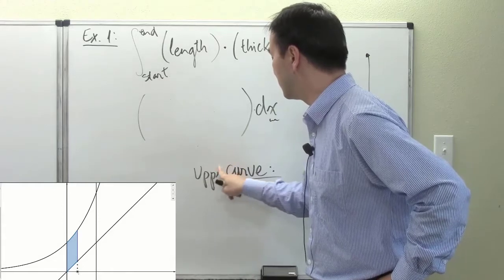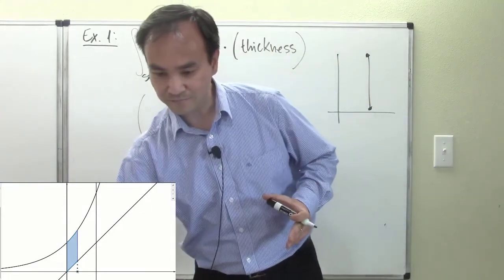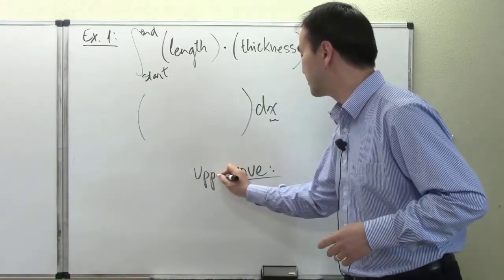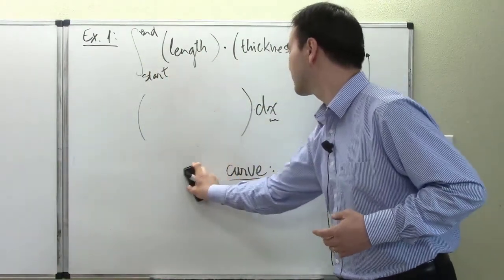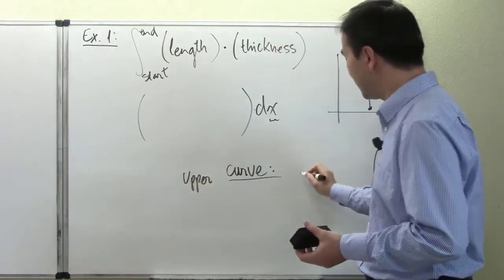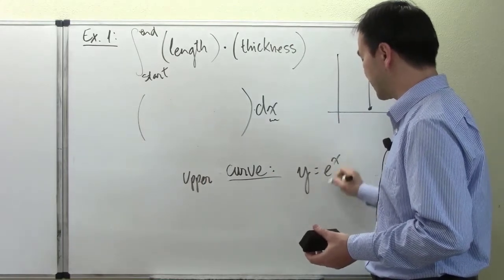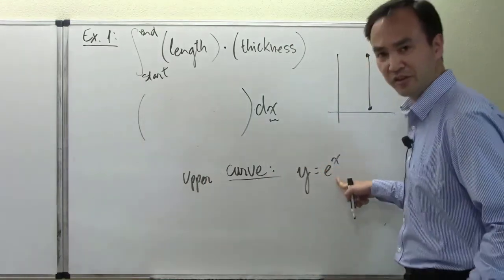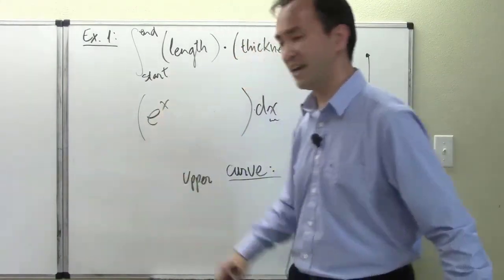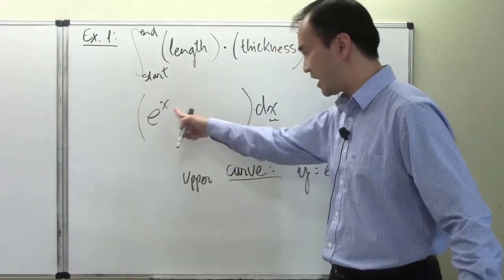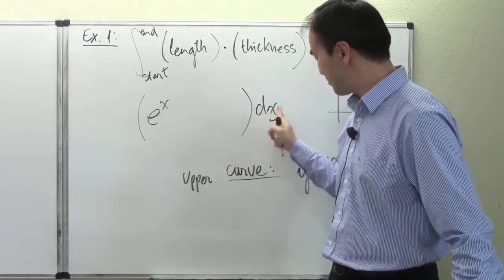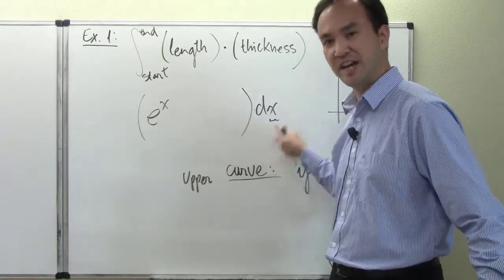So for the upper curve, the function given there was y equals e to the x, and yes, it's already a function written explicitly in terms of x. So I'm going to put it in as the upper curve as a function in terms of x. Why do we want that in terms of x? Again, in the explanation I gave earlier, because it needs to be consistent with this dx.